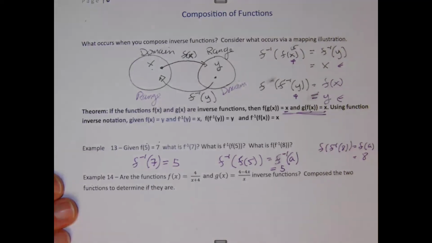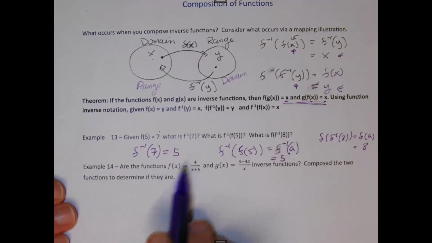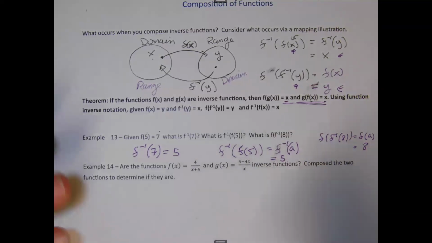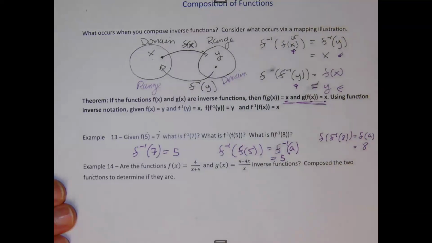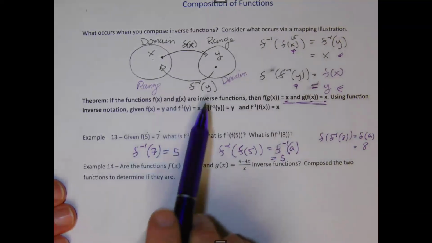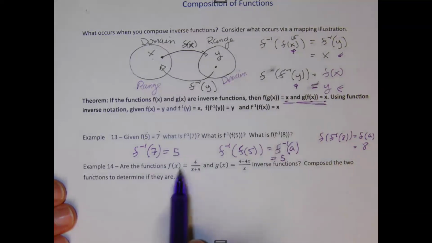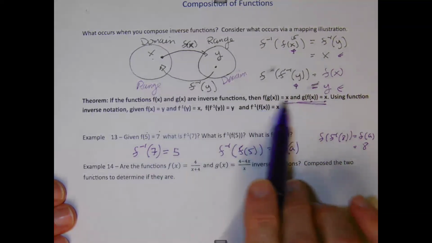Great. Are the functions f of x equals 4 over x plus 4 and g of x, given here, inverse functions? Compose two functions to determine if they are. Remember, if they are inverses of each other, when I compose them, what should I get? I should just get x. Notice they're both x's, so that's where this expression comes from.